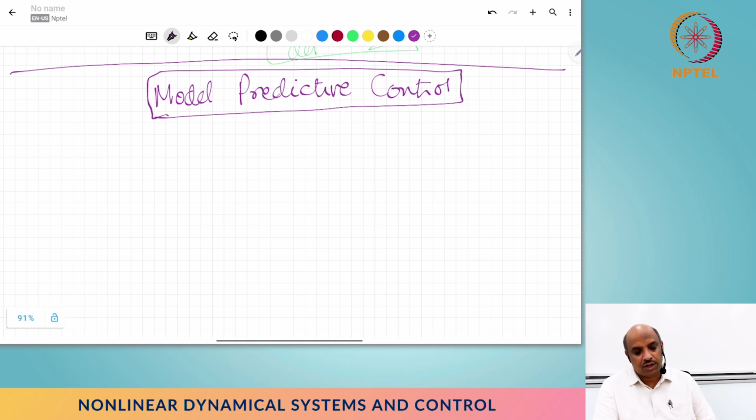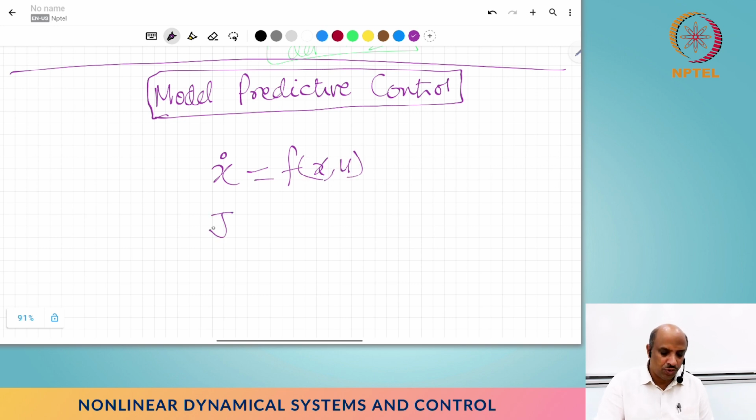What model predictive control does is something like this. I'm going to solve this particular problem, f of x comma u, and I'm going to have to minimize this particular cost. And by now we know how to solve this, right?